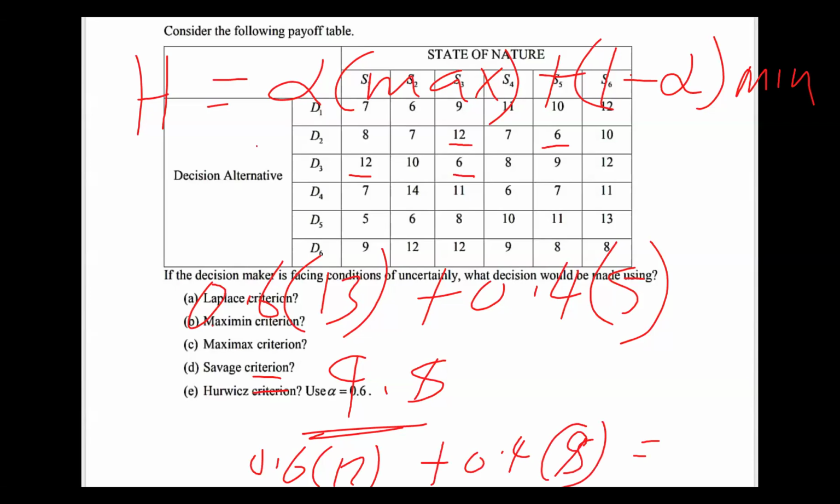That should be 10.7. You can do it again. 0.6 times 12, we found 7.2. Can you do 0.4 times 8? 10.4. 10.4.